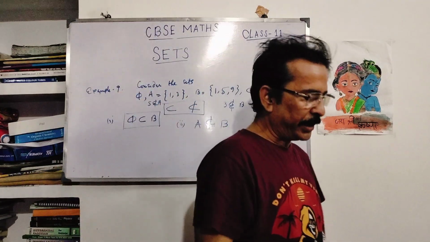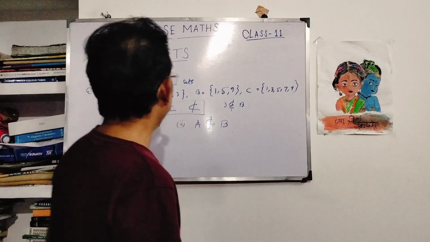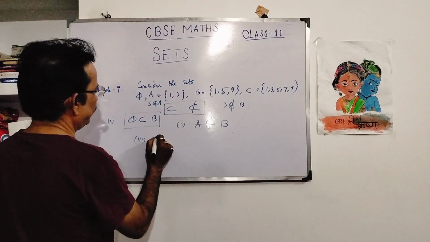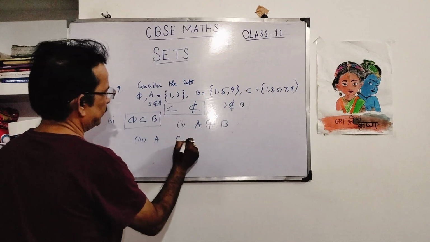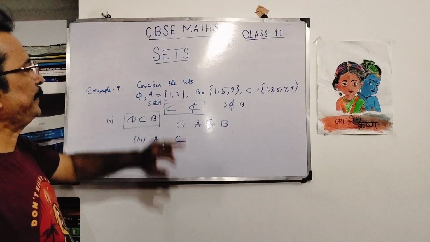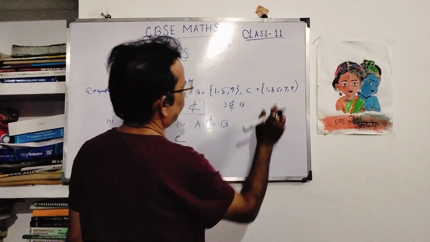it is clear. Now next, A and C. What is right? In this set A is 1 and 3, and C is 1, 3, 5, 7, 9.